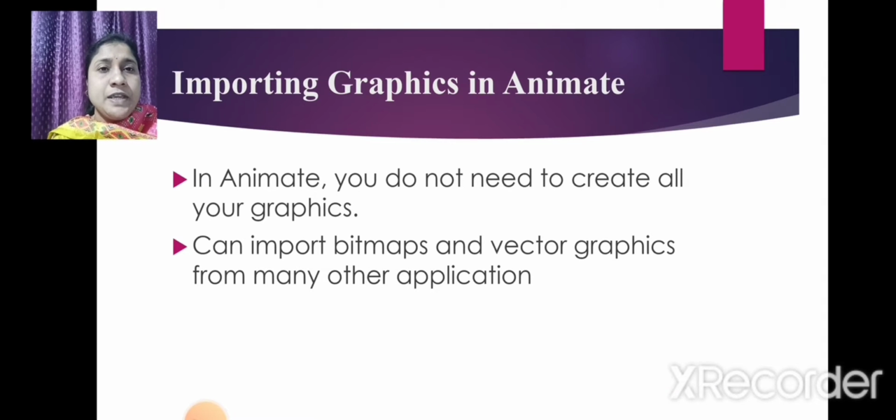So first is importing graphics in Animate. In Animate you do not need to create all your graphics. You can import bitmap and vector graphics from many other applications. When you import a bitmap graphic, it is immediately added to the Animate library. Whenever you use this bitmap, it is added to your Animate library for use in another frame in your movie.